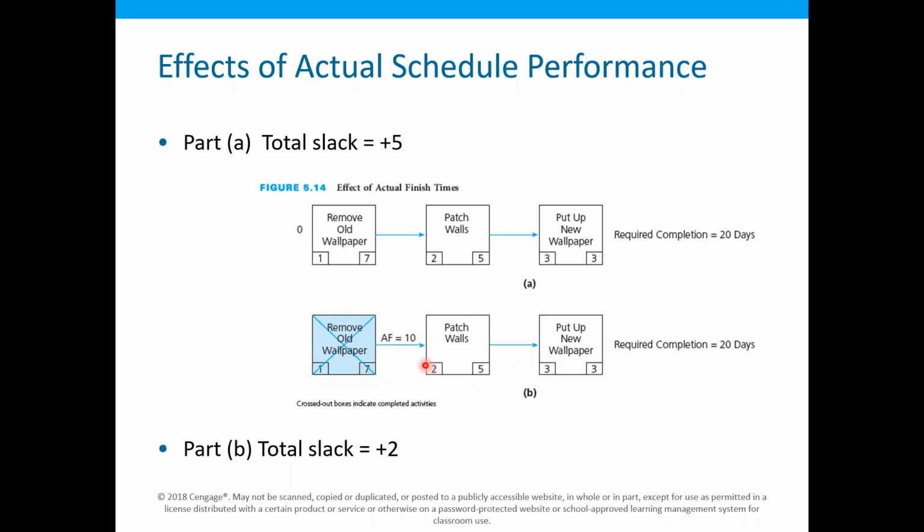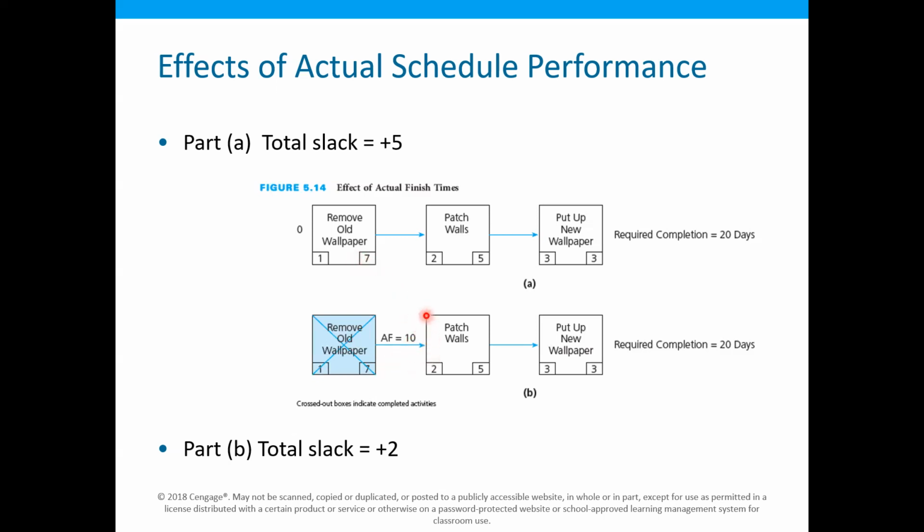Because this activity used 3 days more than originally scheduled, its actual finish time was 10 days. So therefore, the total slack remaining is 5 days only. So it can be reflected in the schedule as well. For example, instead of 7 days, it finished on 10 days.